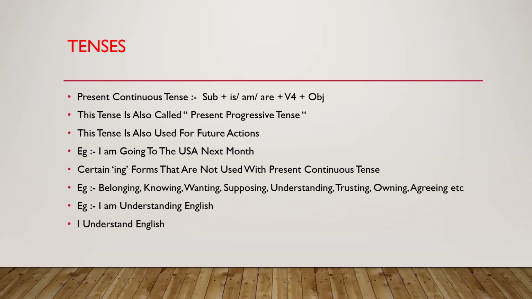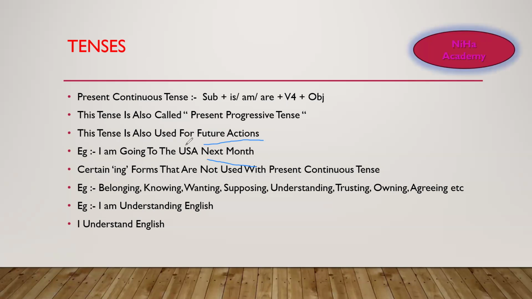This tense is also used for future actions. In the previous one we had general facts and planned future actions. Here we use it for planned future actions only. For example: I am going to the USA next month.